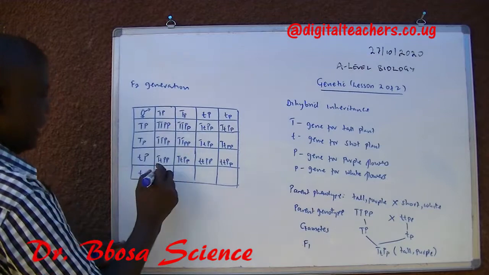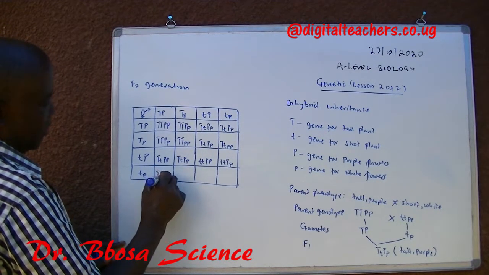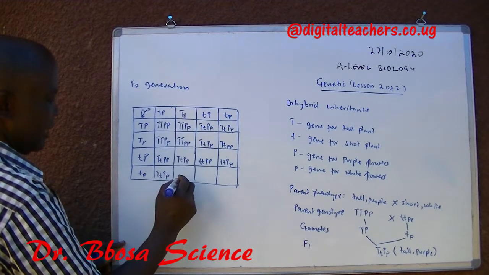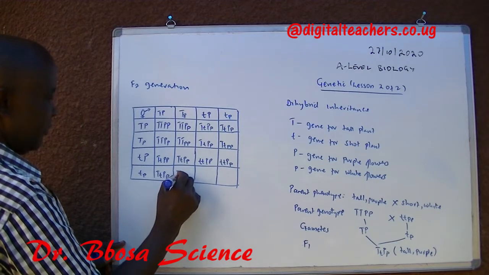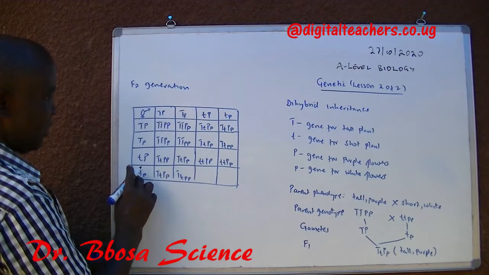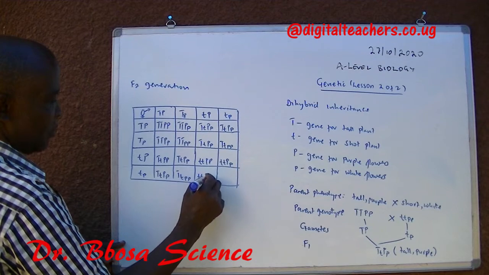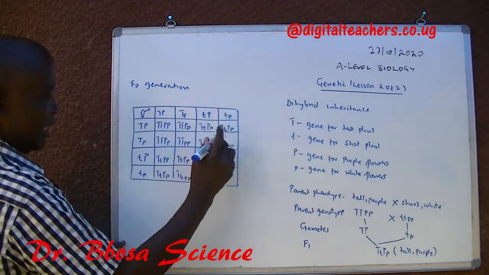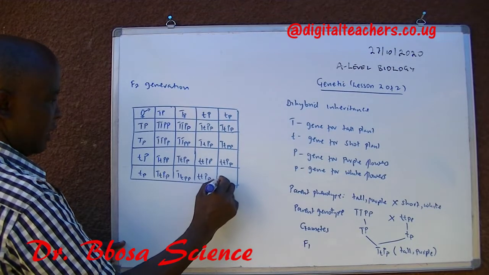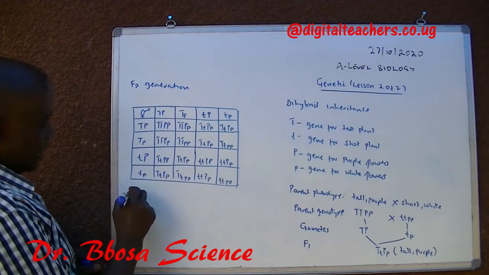When this one fertilizes this, to be capital T, small t, capital P, small p. When this one fertilizes this, to be capital T, small t, small p, small p. When this one fertilizes this, small t, small t, capital P, small p. When this one fertilizes this, we shall have small t, small t, small p, small p.